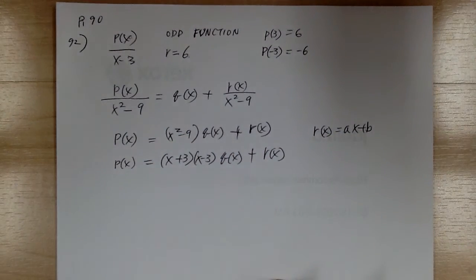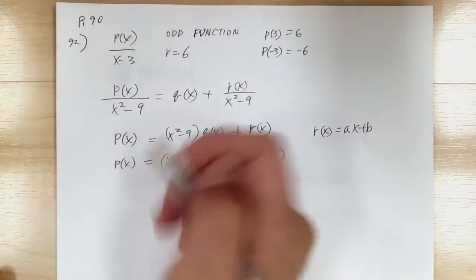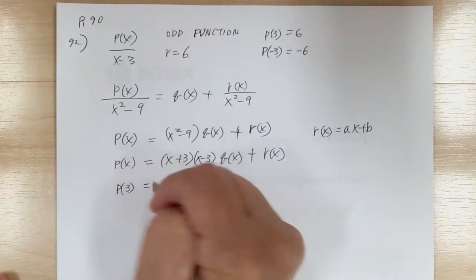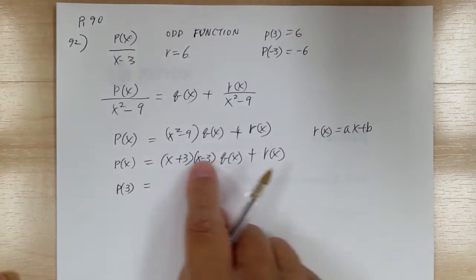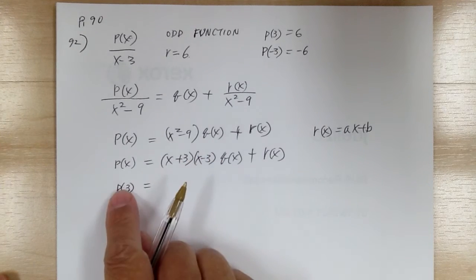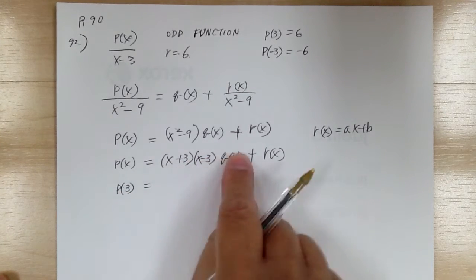Now we're going to start to evaluate. For p of 3, you let x equal 3, because you want to make this factor equal to 0. When x equals 3, this becomes 0, so this part is gone.